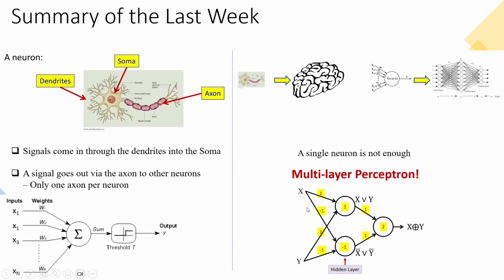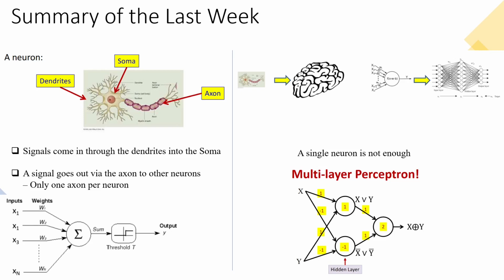Okay, and now we have seen that by using just this single neuron we can solve a lot of logic problems like the AND gate or OR gate, but we cannot solve the XOR problem with a single neuron.